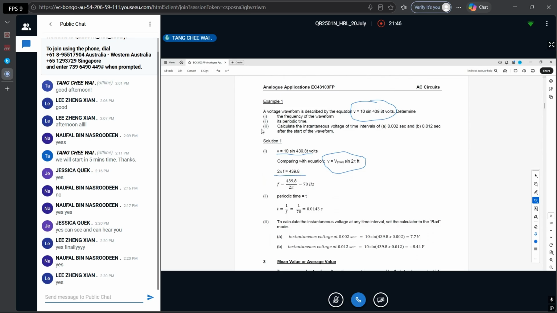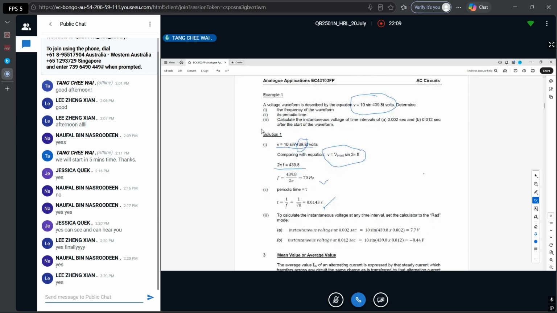The 2 pi f is actually this whole thing, 439.8. That's why they write it this way, and that's how you solve your frequency. Once you have frequency, you use a simple formula, T equals 1 over f, to find your period or time. So it's not difficult.